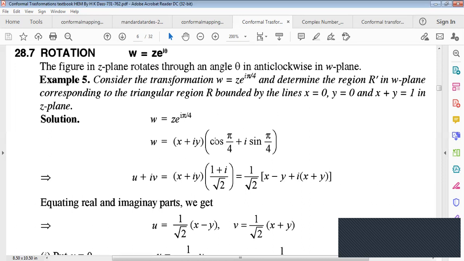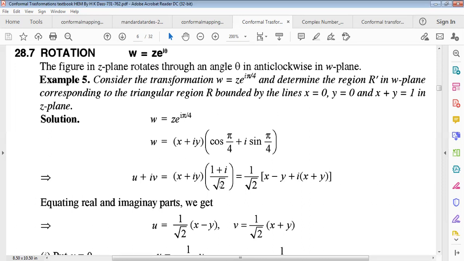Now this equals cos 45 degrees, which is 1 by root 2, and sin 45 degrees, also 1 by root 2. After calculation we get x plus iy into 1 plus i divided by root 2, but 1 by root 2 is a constant term. That is why, taking it common, we multiply x plus iy into 1 plus i.